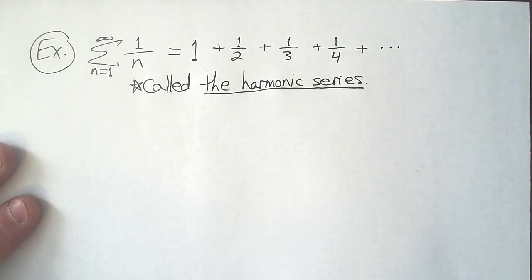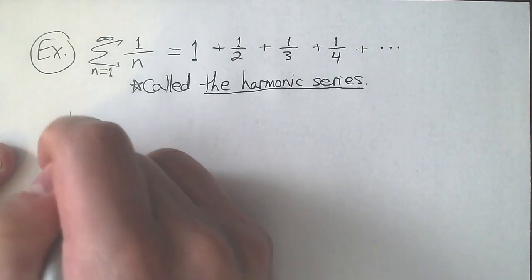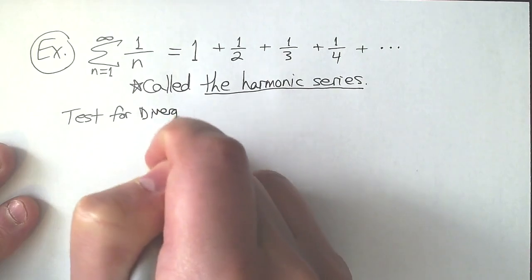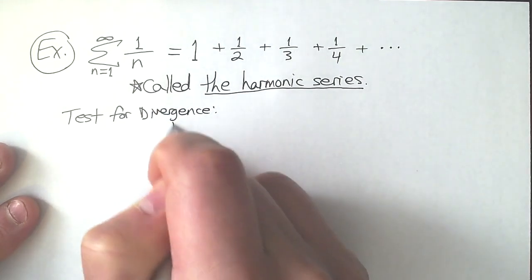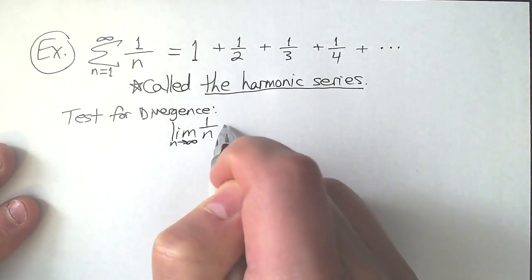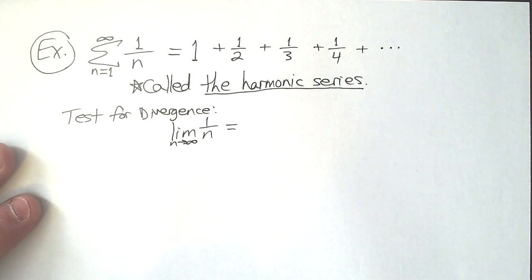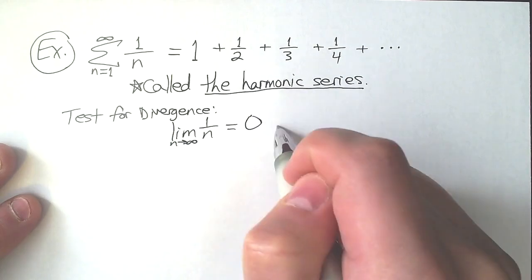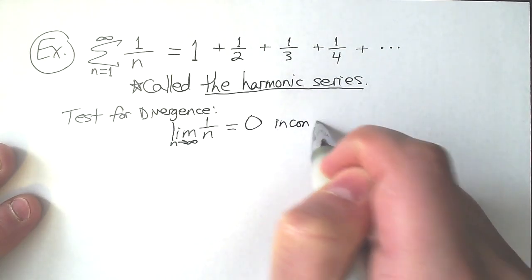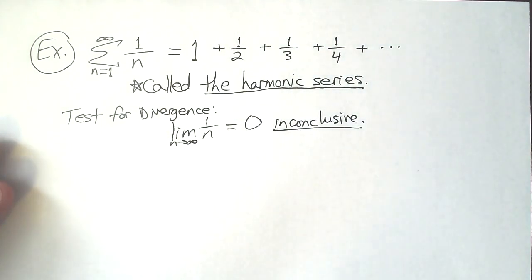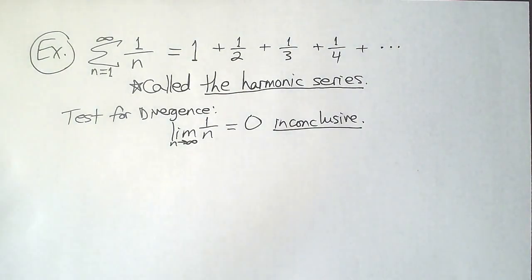So first of all, if we try the test for divergence, we would look at the limit of 1 over n, right? Does it equal 0? Does it not equal 0? Well, this equals 0, and that is the case where it's inconclusive. So we can't say for sure whether this series converges or diverges, at least not with the test for divergence.